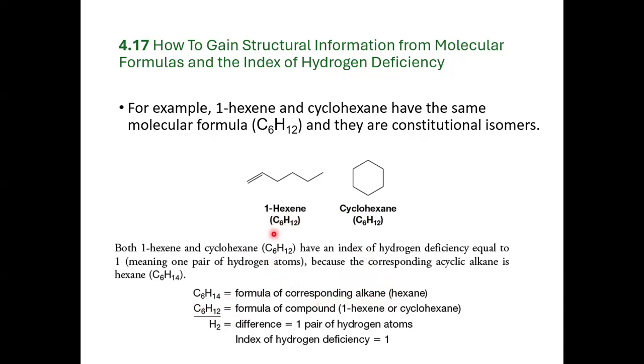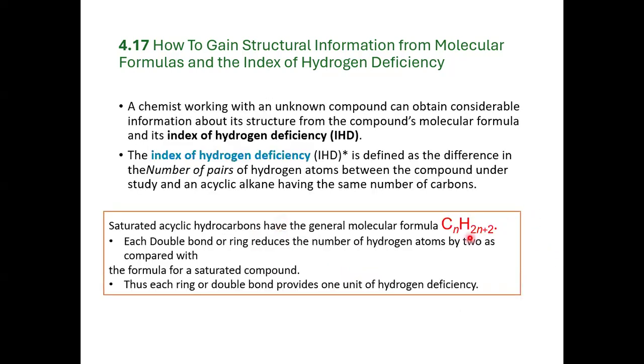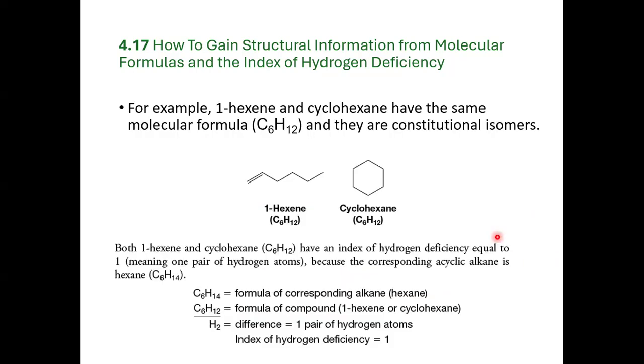So what is the corresponding alkane for this? There are 6 carbons, so you follow the formula CnH2n+2. You expect that for a normal or acyclic alkane you have C6H14, because 6 times 2 is 12, plus 2 is 14.